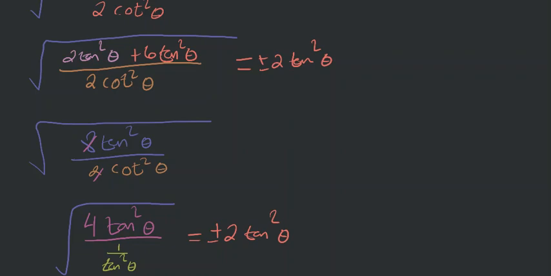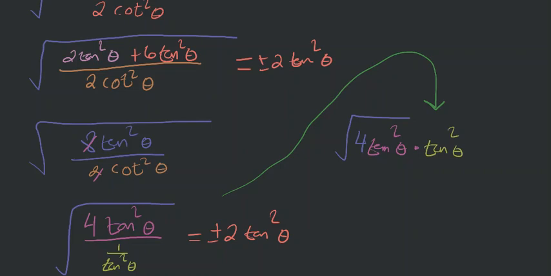So now we're going to bring this whole problem up to here a little bit. And we are going to look and see what we have. We have the square root of 4. Now, when I flip this bottom guy up and multiply, I'm going to have 4 tan squared theta multiplied by this bottom piece flipped and multiplied. So when I flip and multiply it, I'm going to have tan squared theta.